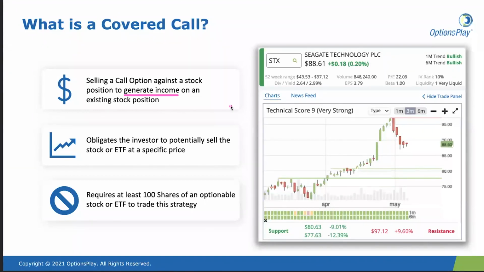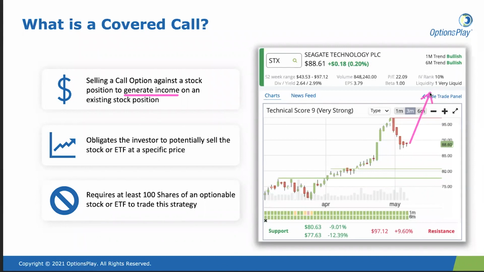However, one of the things you're going to see as you go through the learning today is that I actually think the income piece is secondary to the primary piece, which is the fact that you own the stocks in your portfolio, not because you want to generate income on that asset. You own those assets because you want that asset to increase in value so that you can profit from that, right?